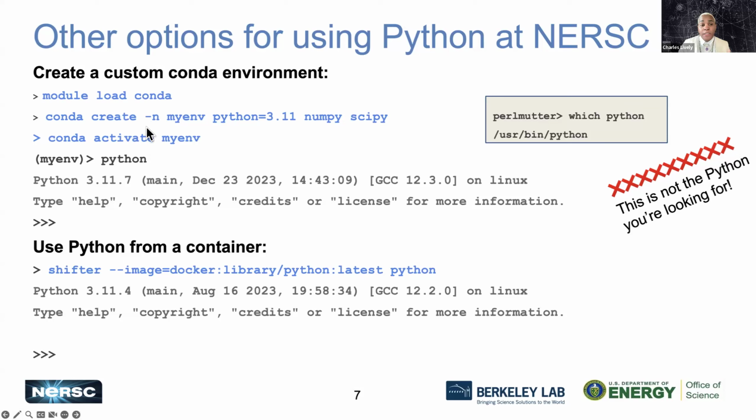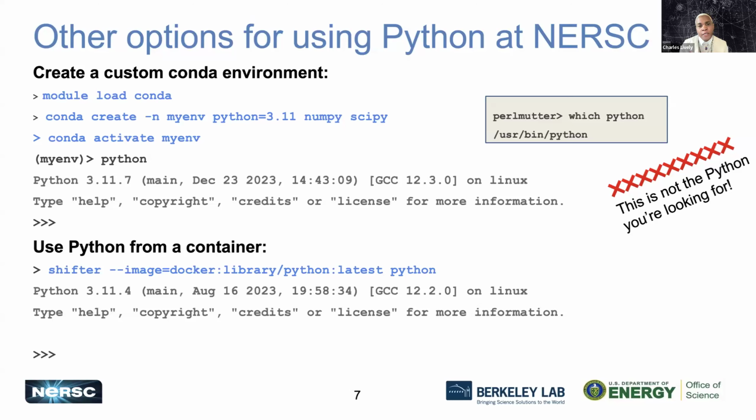The dash n allows you to specify the name of your environment. So let's say you're doing a climate simulation project. Here it has my env, but maybe it might be my climate env, and then you can specify the packages that you want to use.